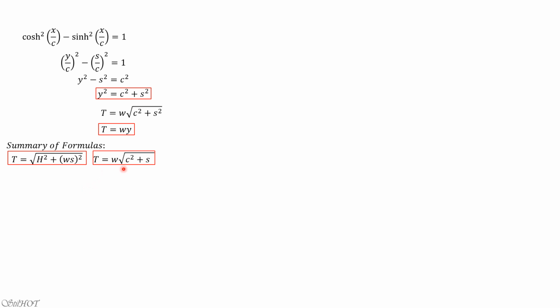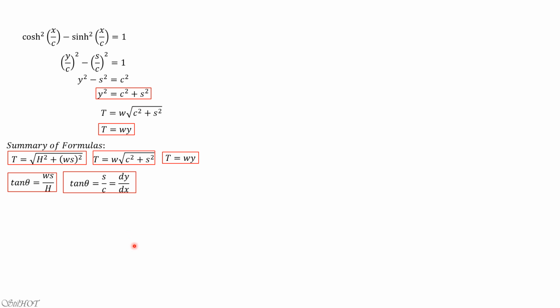So it's W square root of c squared plus s squared, and it reduces to W times y. Tangent theta is s over c, or WS over H, the original, but H is W times C, so it reduces to s over c, and that is the slope of the tangent to any point on the cable, which is from calculus dy dx.